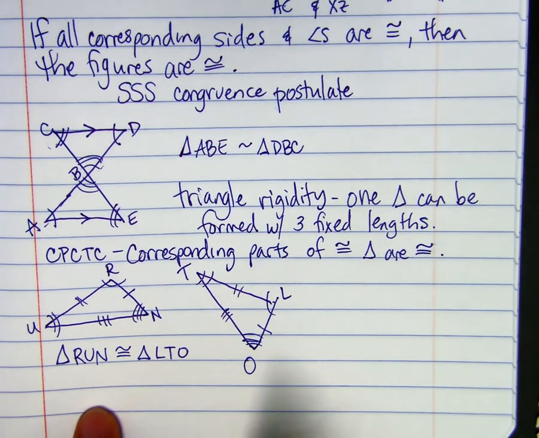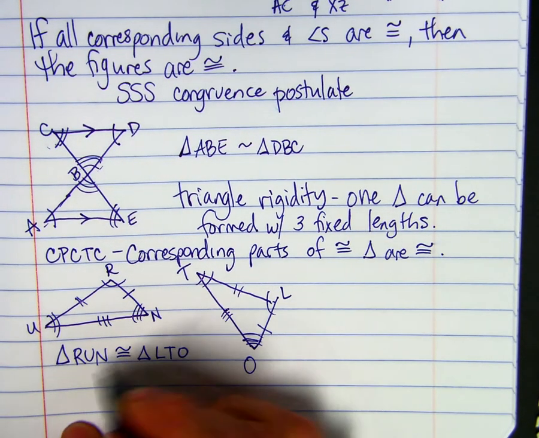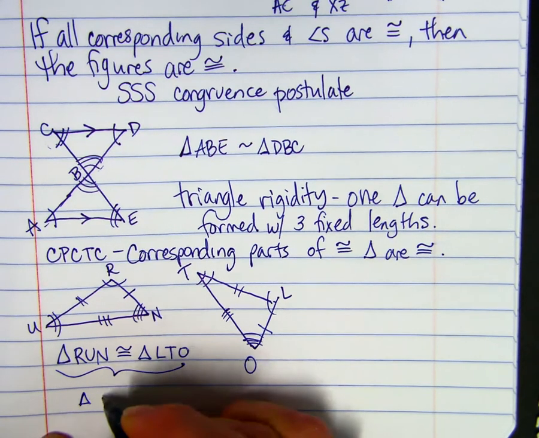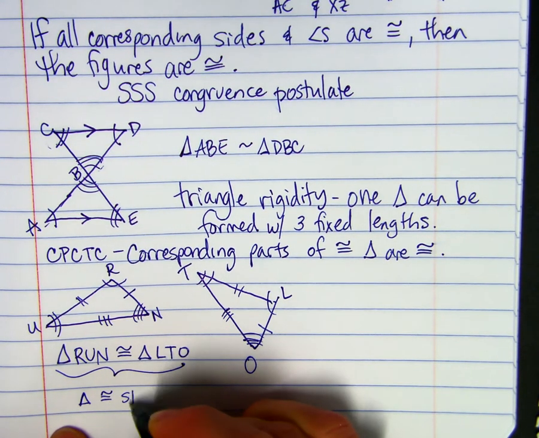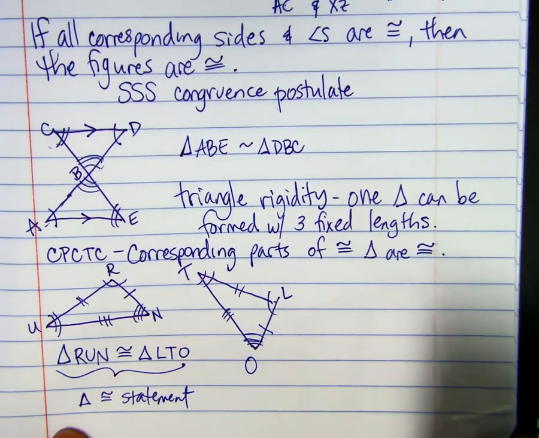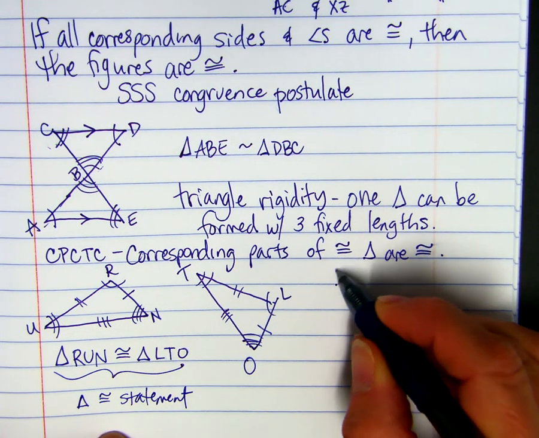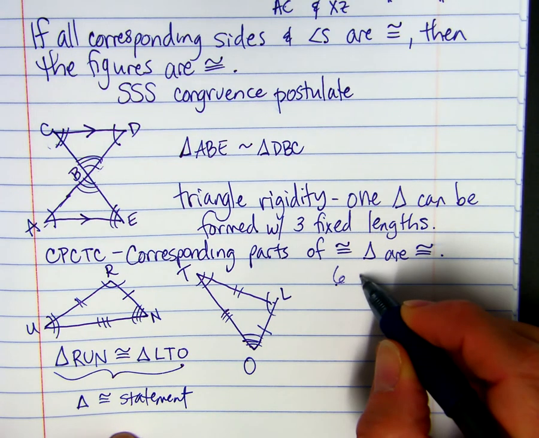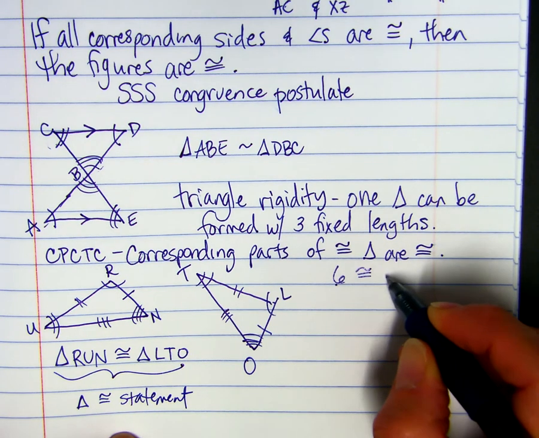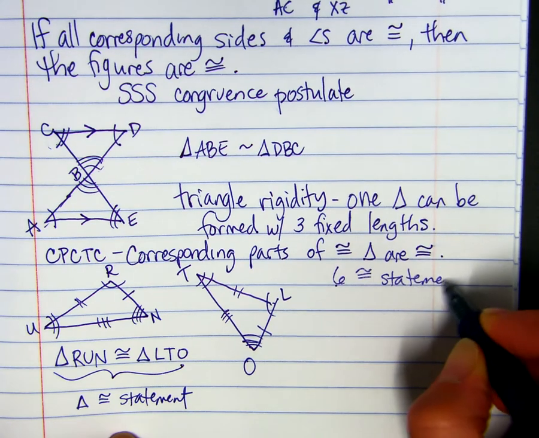So this is called a triangle congruent statement. And then you can write the 6 congruent statements for corresponding parts.